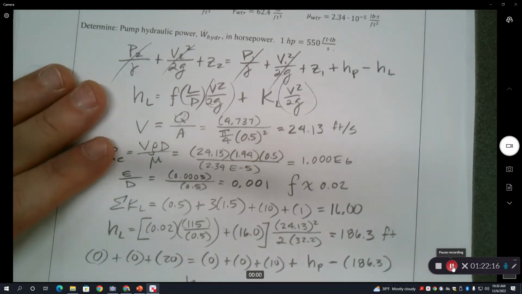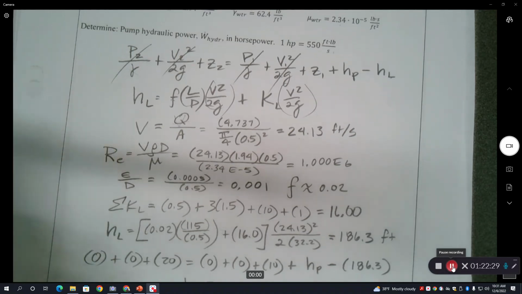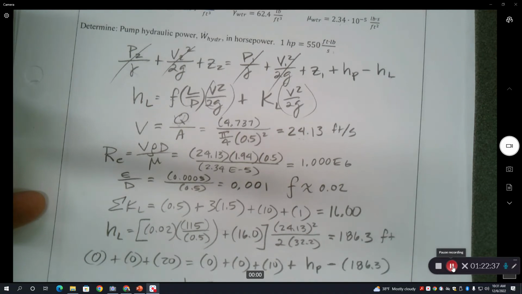And so we're going to have the pump head that's being added to the system. It's funny, I didn't finish the answer to this problem. That's right, we could do the rest of it. And it looks like there's a little bit of a math error right in there too. I don't know. So what we're going to find, we're going to add just 10 to that. It should be 196.3 feet.